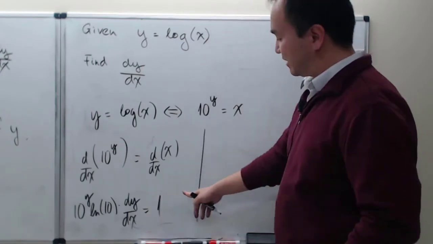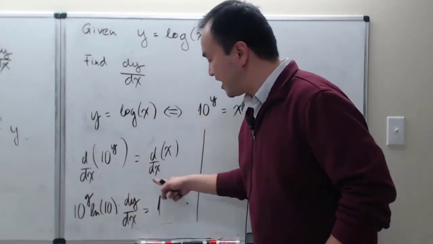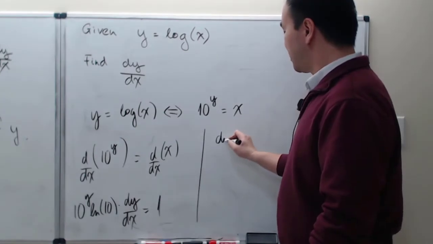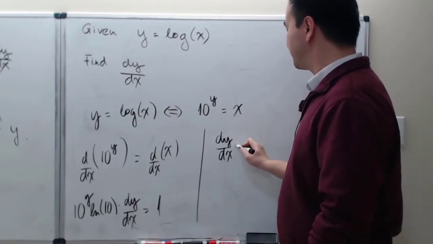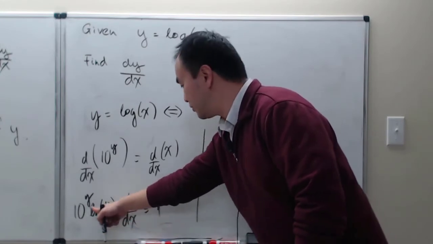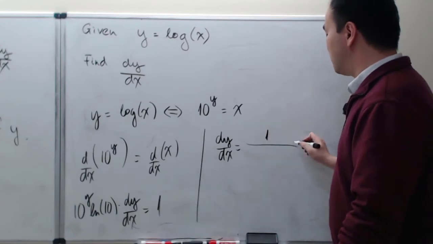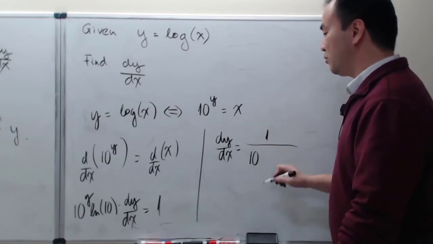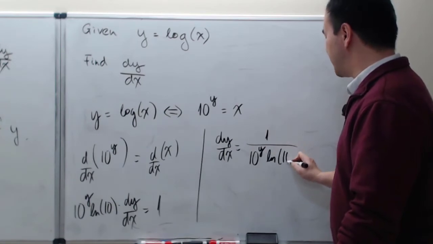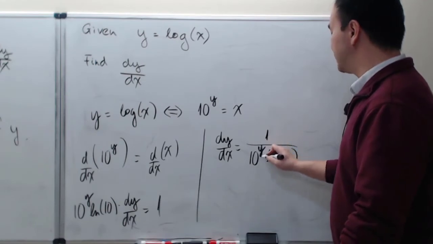Here again, ideally as the work of finding the implicit differentiation, we're done, but let's solve for dy/dx. So solving for dy/dx, I'm just going to divide both sides by all that 10^y times natural log of 10 right there. So that means we're looking at 1 over 10^y times natural log of 10, with all of that product staying in my denominator.